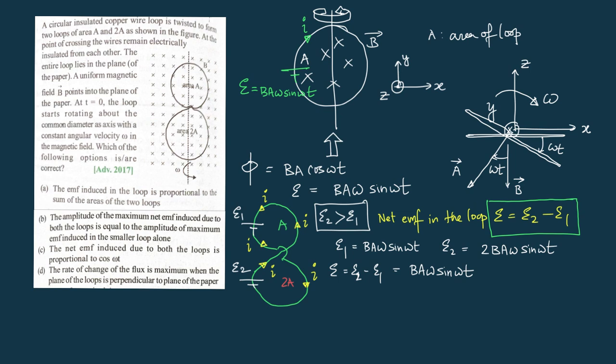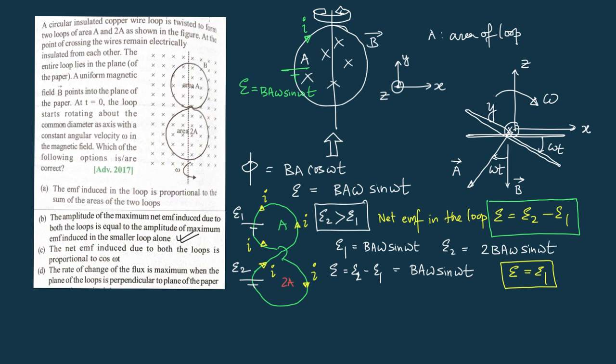First option, EMF induced in the loop is proportional to the sum of the areas. It is rather proportional to the subtraction, the difference of the areas. Let's look at the second option. Amplitude of the maximum net EMF is equal to amplitude of maximum EMF in the smaller loop. Yes, that's true actually. B is true. Because in the smaller loop, E1, numerically E is equal to E1.